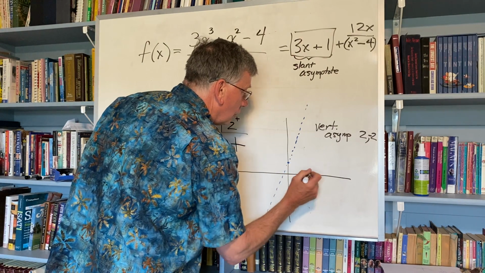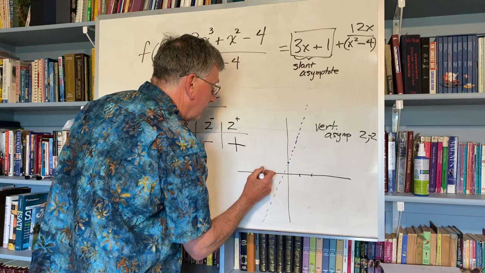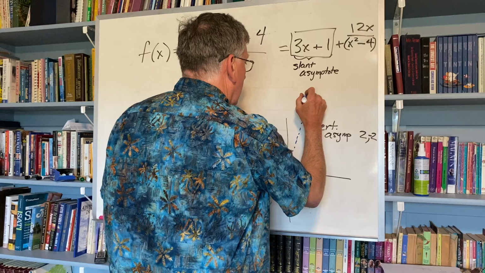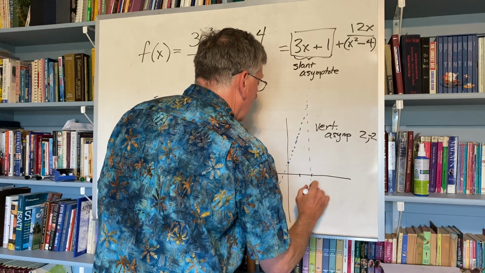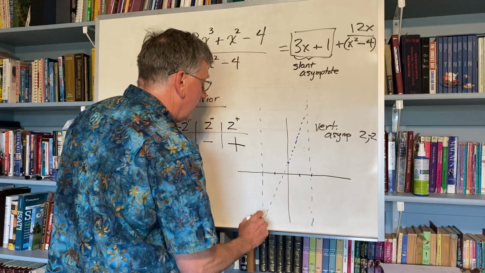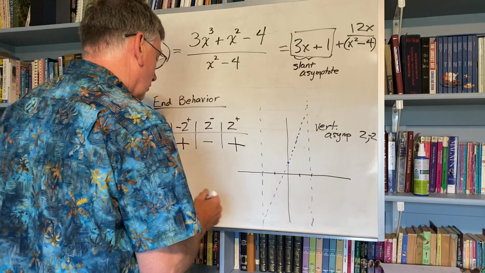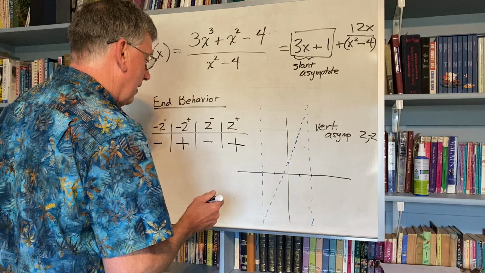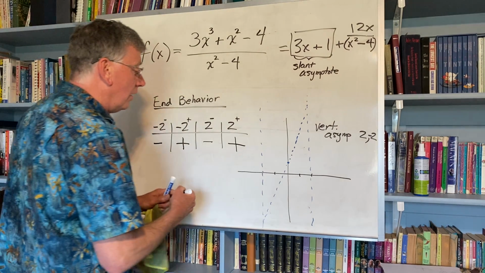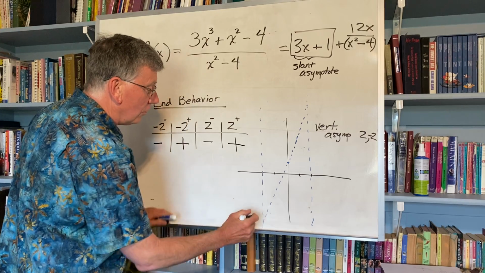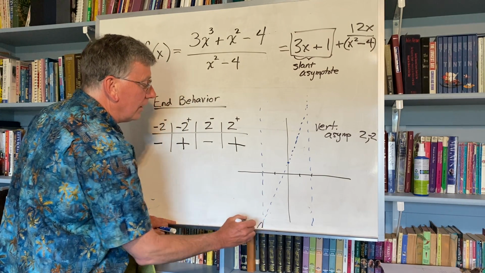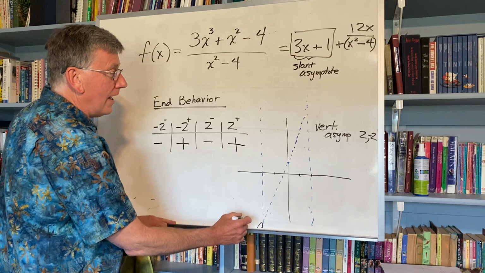There's 2 and -2. So I have this line here, this line here. I wish I'd drawn it a little bit more, because this information tells me that on this side of -2, I'm going to be coming up and then down again.